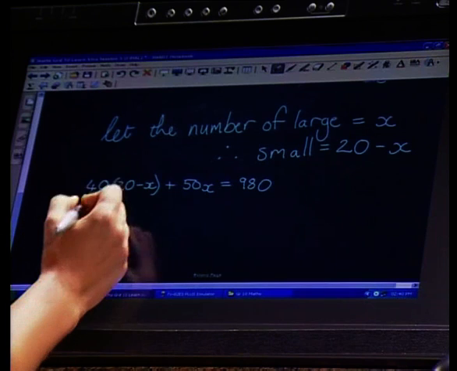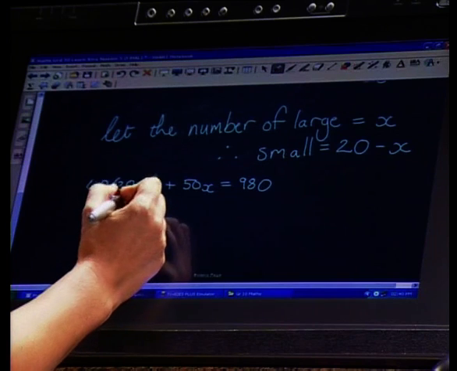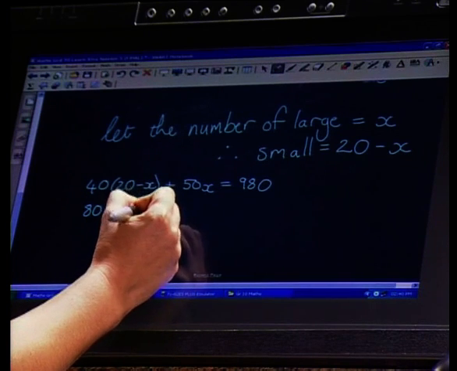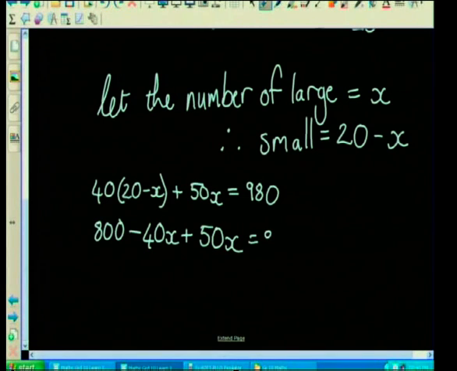Let's multiply it out. 800, because 40 times 20 is 800, minus 40x plus 50x, whoopsie, plus 50x is equal to 980.